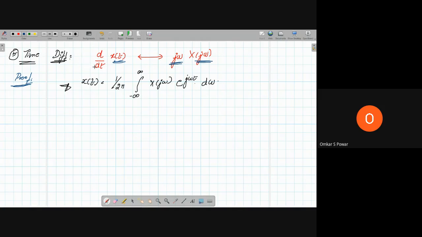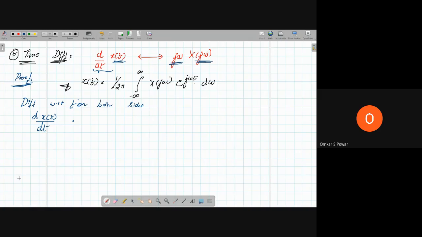What we want here, if you observe the LHS, is to differentiate the LHS term. So let me differentiate with respect to t on both the sides. Let me do that for you. dx of t by dt is equal to the differentiation of the right hand side.